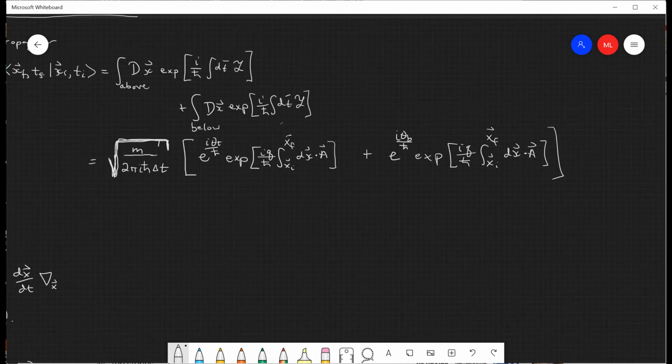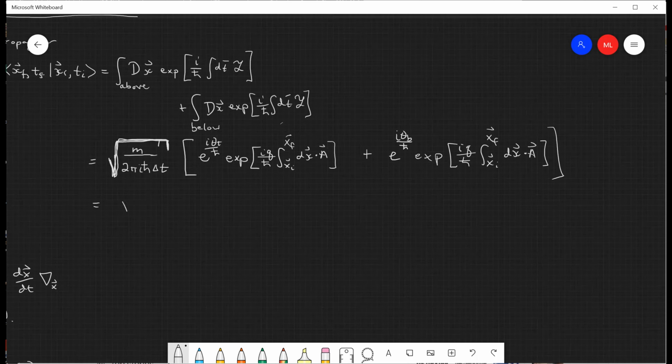Everything else just comes out from the free particle portion and what we just derived for the action for the charge part. And then the only difference between the top and bottom can only be in some kind of phase factor, which we're going to try to determine. And the overall phase, of course, of the propagator, that doesn't matter because we know that wave functions are only defined up to a phase. So we can factor out an overall phase.